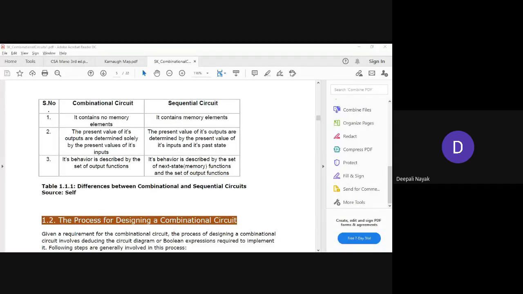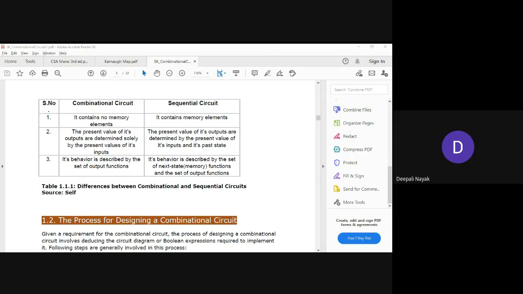Point number two, the present value of its outputs are determined solely by the present values of its inputs. Point number three, its behavior is described by the set of output functions. Is this clear, students? Nothing new here, ma'am.